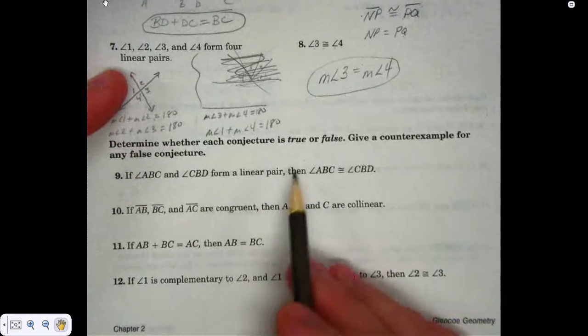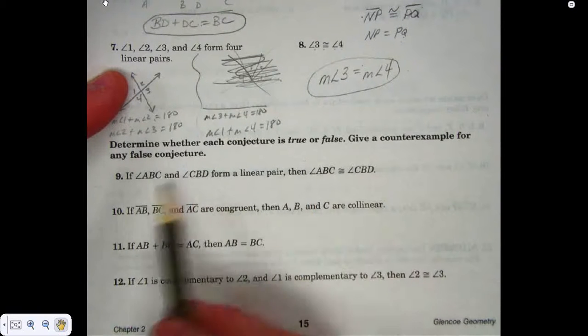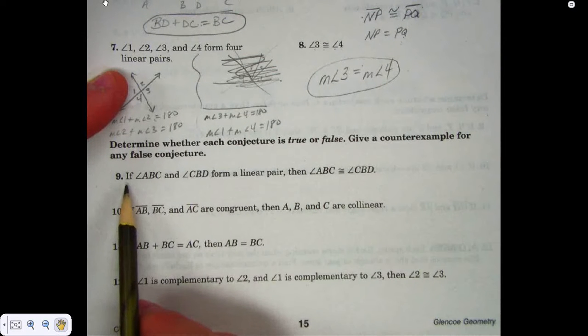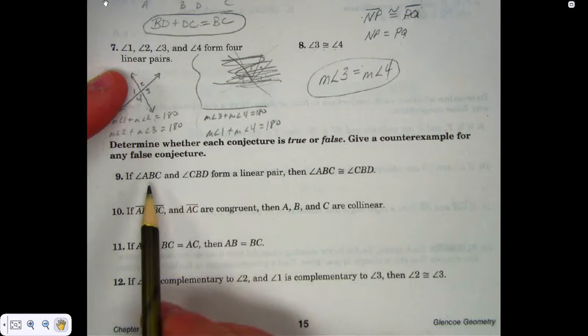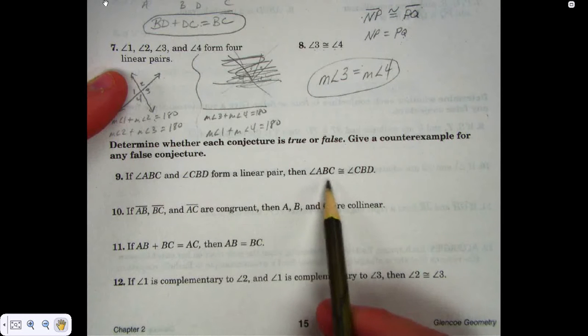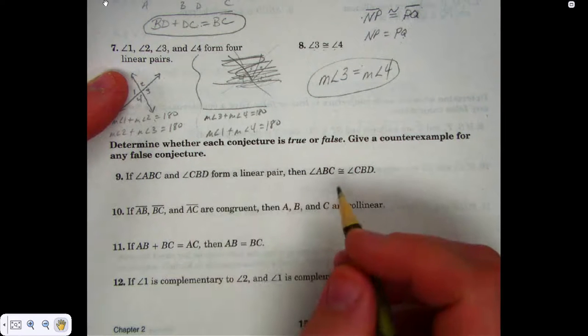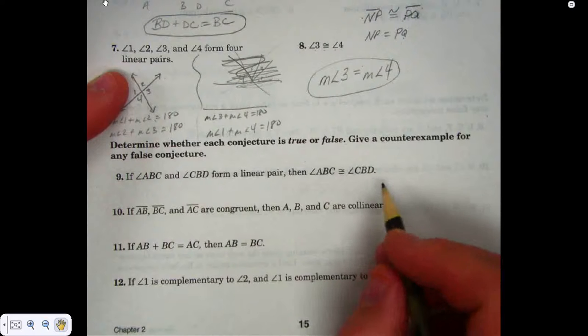Determine whether each conjecture is true or false. Give a counterexample of any false conjecture. So we're going to have to decide whether they're true or false. If angle ABC and CBD form a linear pair, then angle ABC is congruent to angle CBD. True or false? Well, okay, think of this.